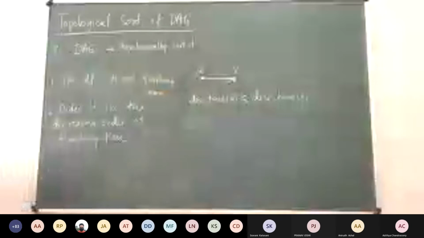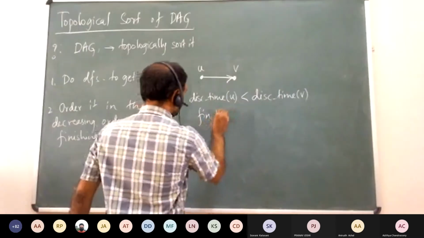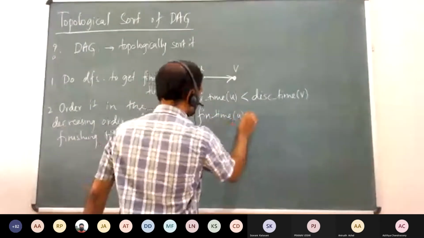The finishing time of U will definitely be greater than the finishing time of V.